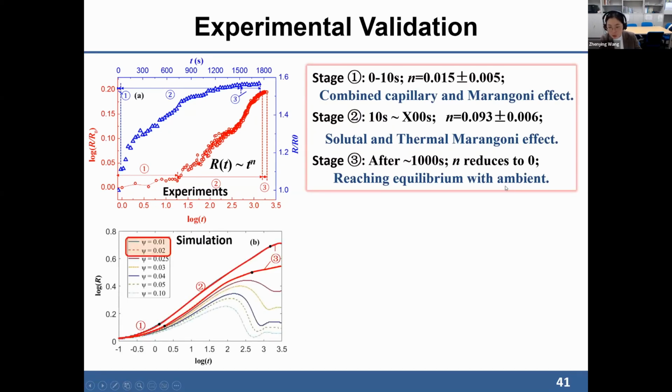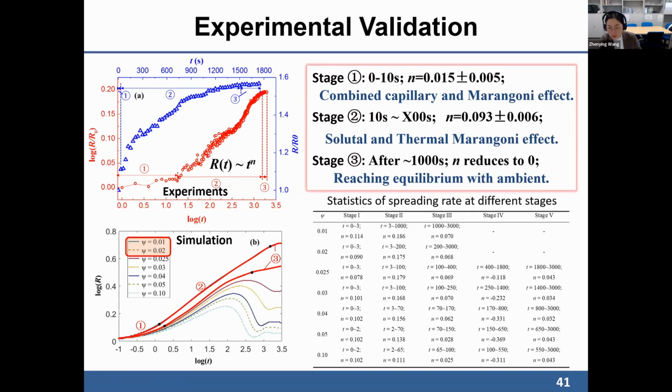And here is a comparison between our simulation result and the experimental result. As I mentioned, the coefficient setting in the numerical model is very important. By modifying the coefficient setting, we can explain the droplet dynamics observed in our experiments.